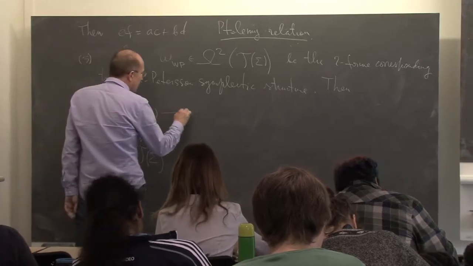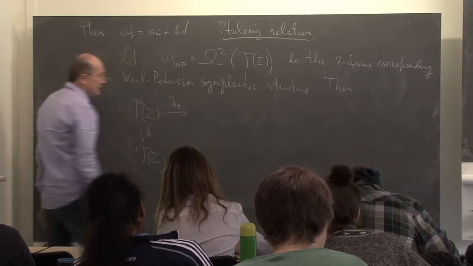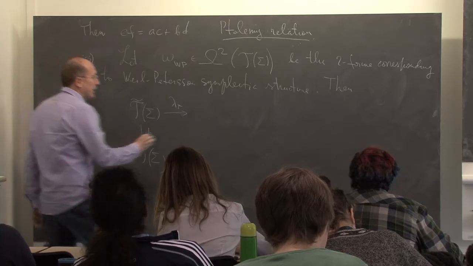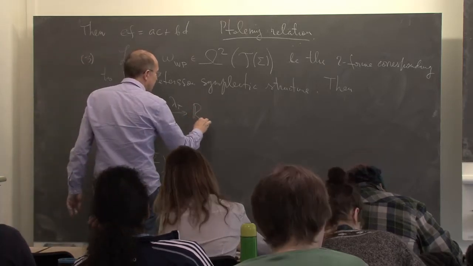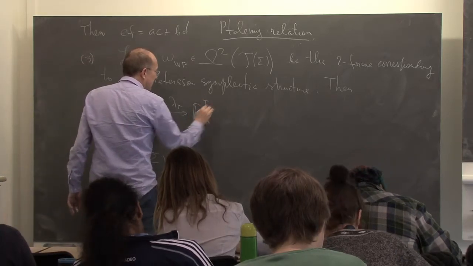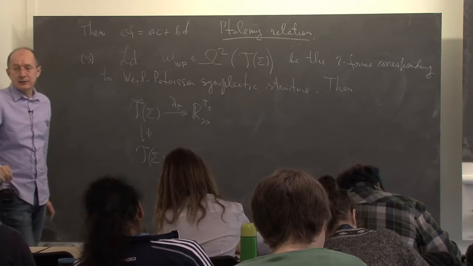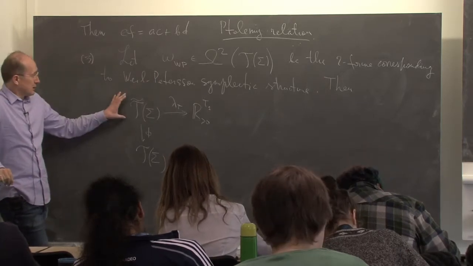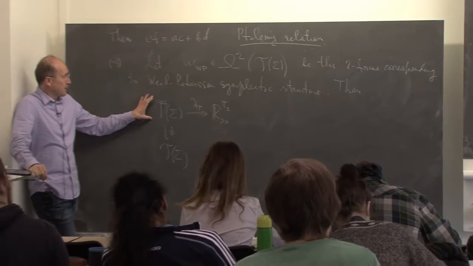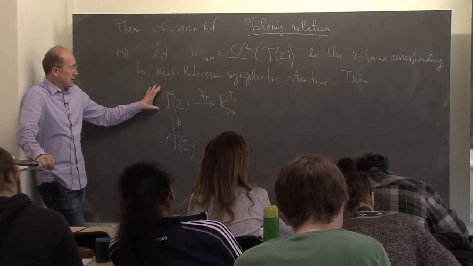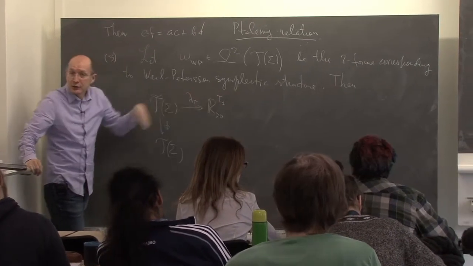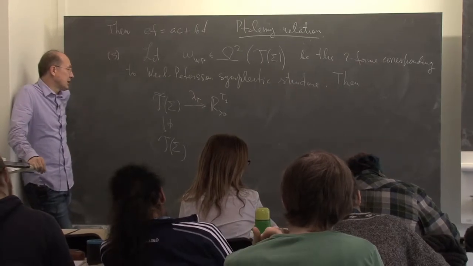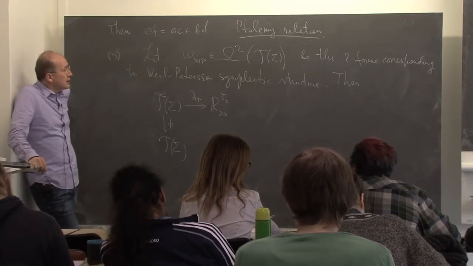But on the other hand, we have lambda tau, which identifies the decorated Teichmüller space with coloring of the edges of an ideal triangulation by positive numbers.